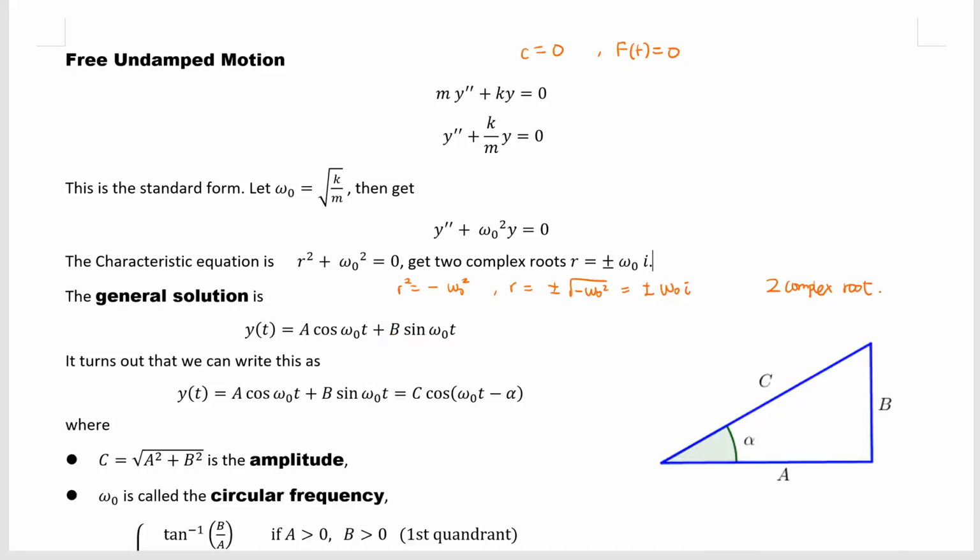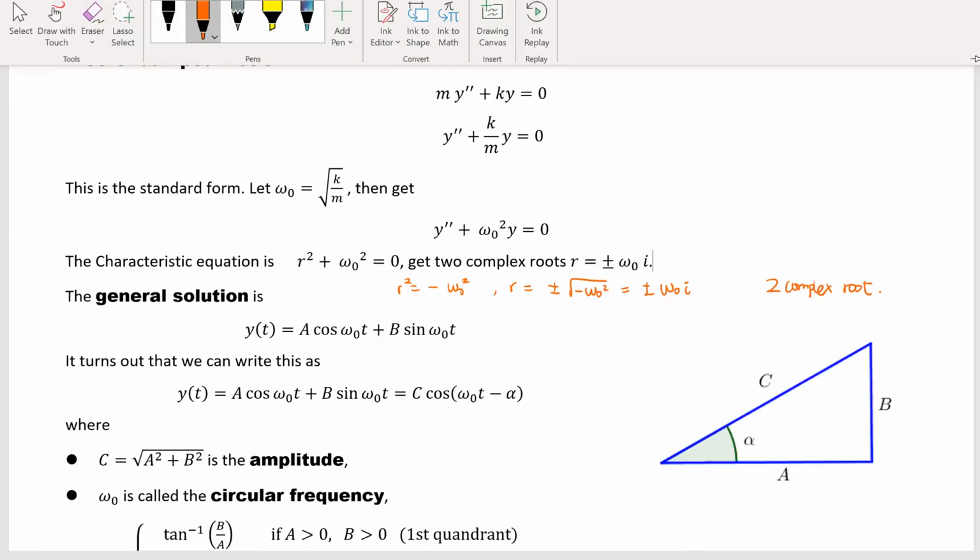Well, let's use A and B, because if you don't write the letters clearly, C1 and C2 can be confusing. So let's use A and B to distinguish them. It turns out that we can write A cosine omega 0 t plus B sine omega 0 t as C cosine of omega 0 t minus alpha. Why is that? Let me show you.